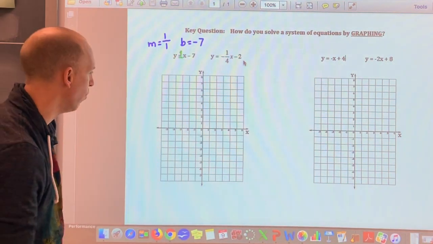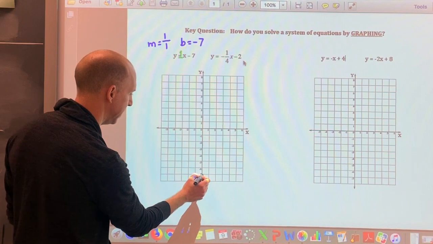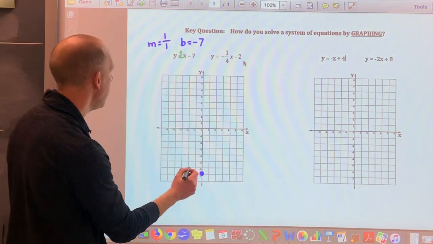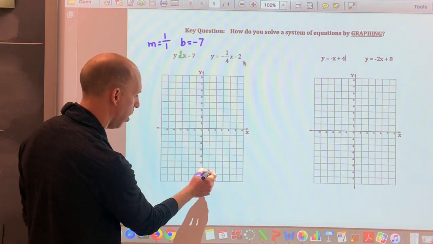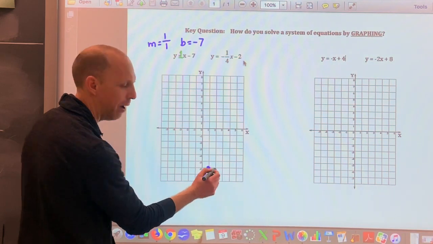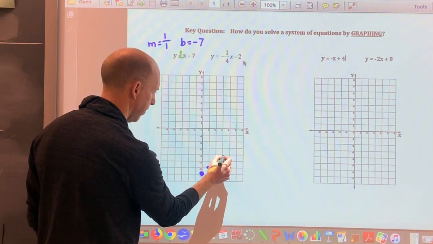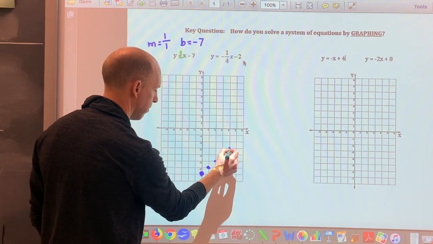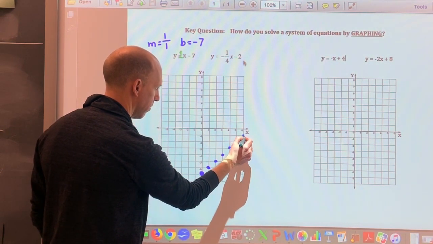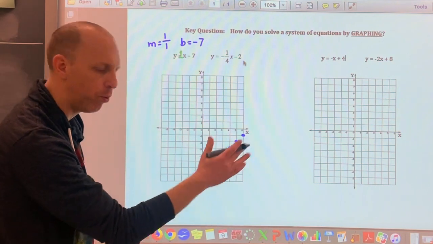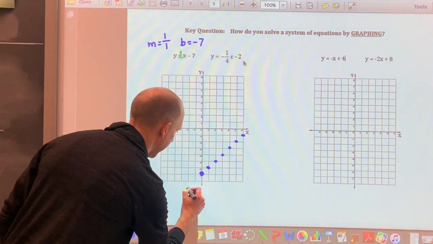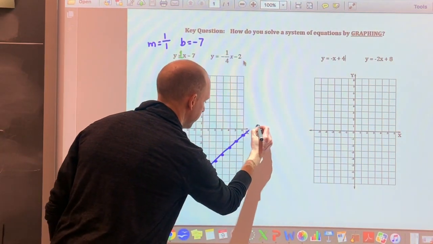And I'm going to go to my graph. I'm going to plot negative 7. And from that point, I'm going to go up 1 over 1. And I'm going to do that a bunch of times here. Up 1 over 1. Okay, and once you have all your points on, I'd like for you to pick up your straight edge and graph your line.